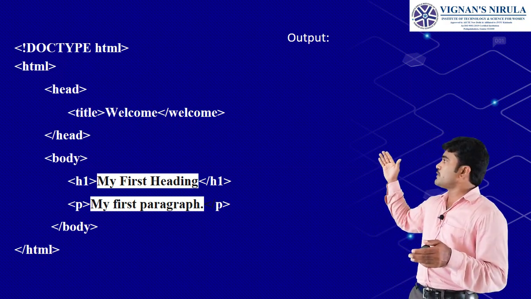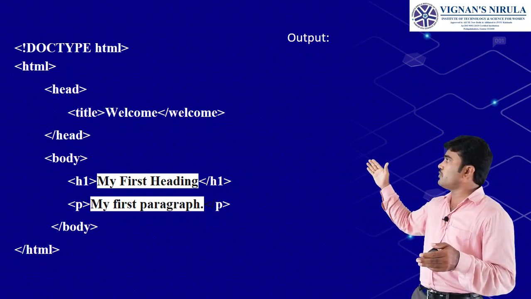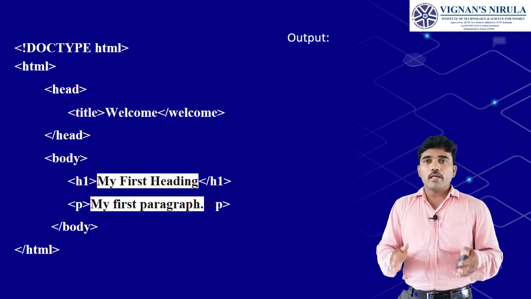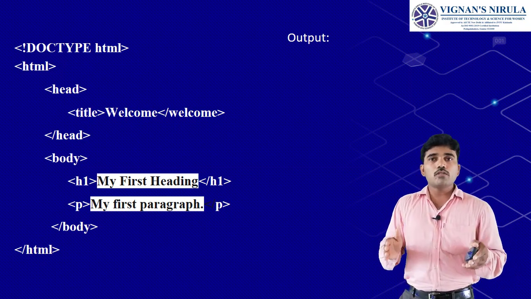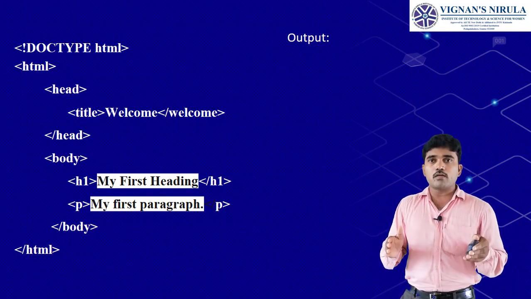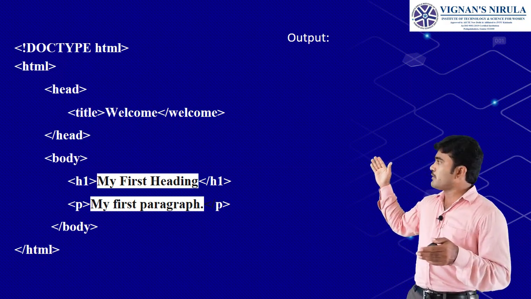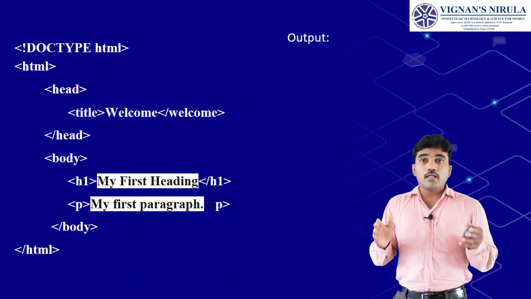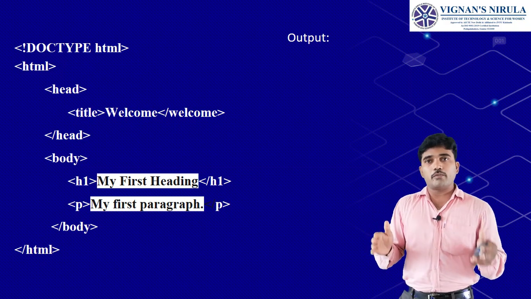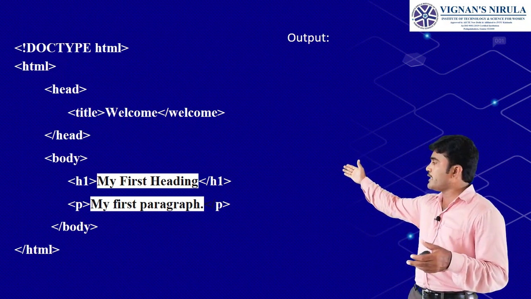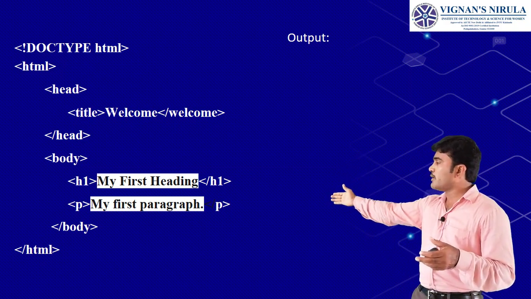In this body, I have used two elements or two tags. One is h1 and another one is p. This h1 stands for a heading and the p stands for a paragraph.